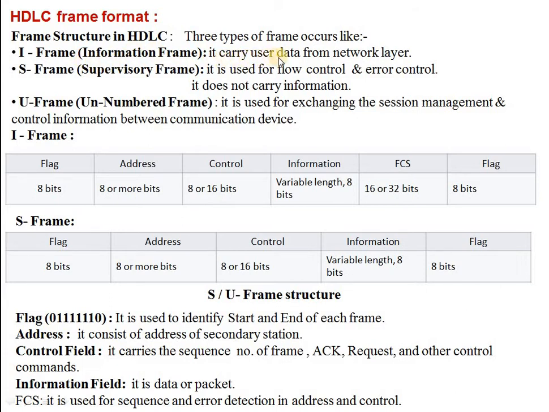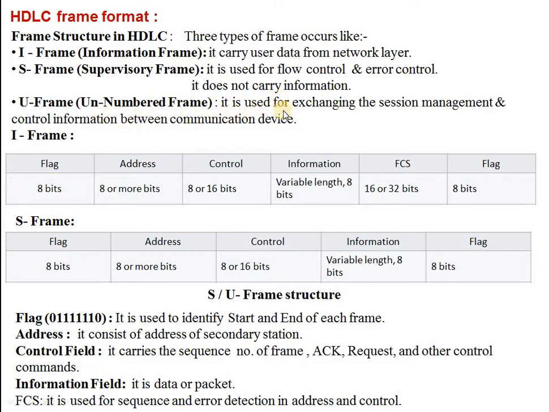I frame carries the user data from the network layer, and the supervisory frame is used for flow control and error control. It is especially for supervising whether all kinds of things are happening properly or not. So that is the meaning of the supervisory frame. And information frame means it carries only the data or information. Now the third one is the unnumbered frame.